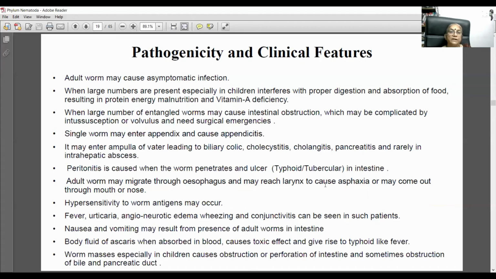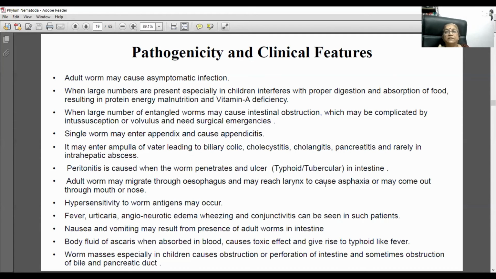When a large number of entangled worms are there in the intestine, they can lead to obstruction of the intestine. So the lumen is obstructed, given the number of worms, their quantity and their length, which we have seen is 30 to 40 centimeters. And just imagine the number of eggs being laid.